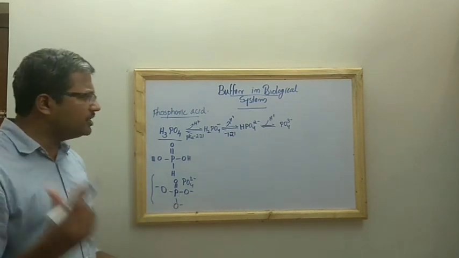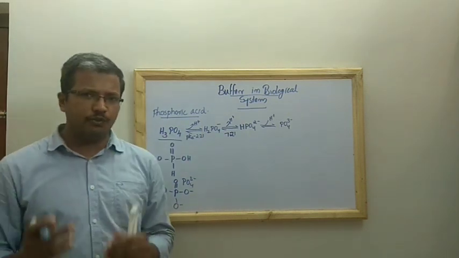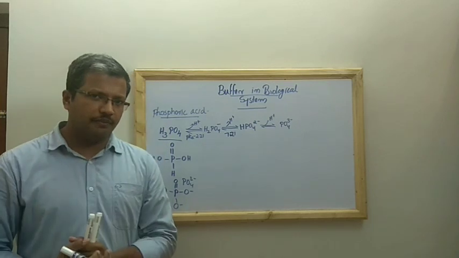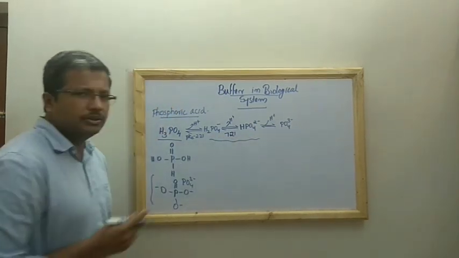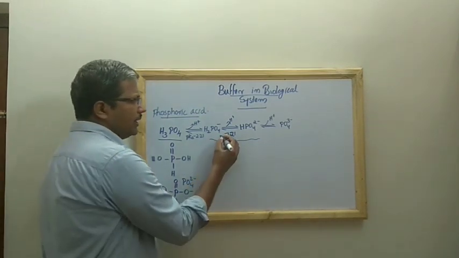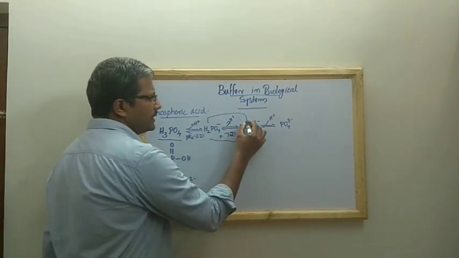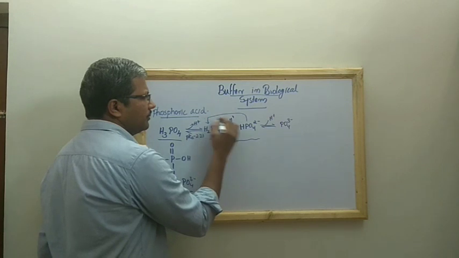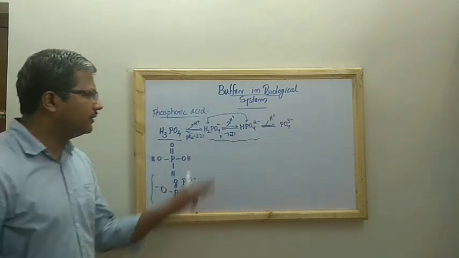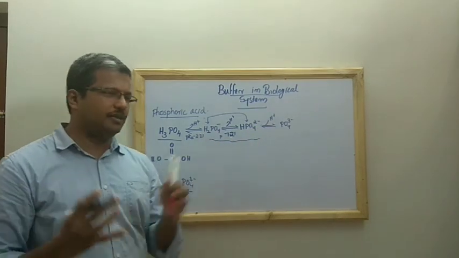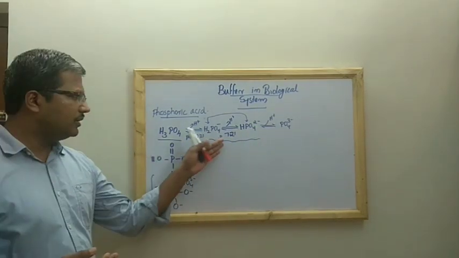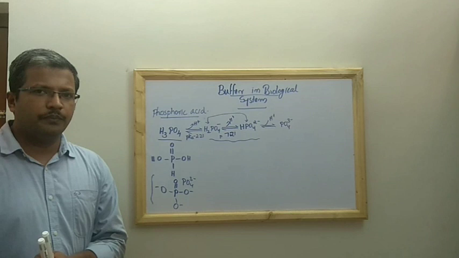Now let us see which portion of this dissociation functions as the best buffer. It is at this pKa value, because at the pKa it always exists in an equilibrium state. That means the concentration of this one and the concentration of this one are maintained at this pKa value.